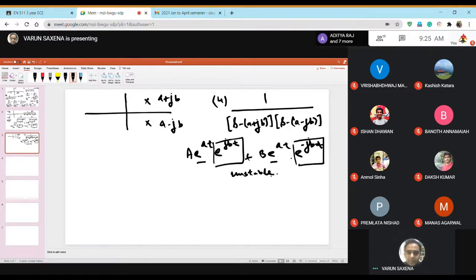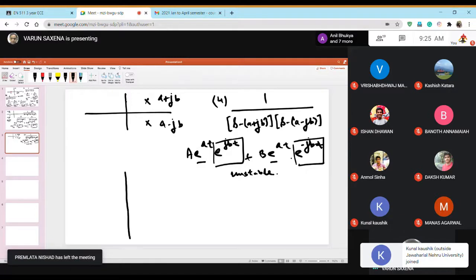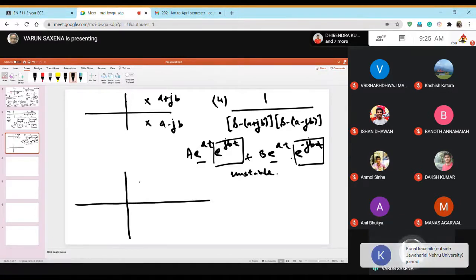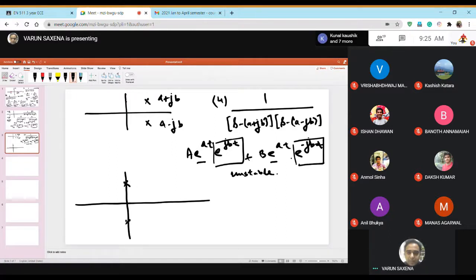Okay. Then if we look at this case where we have poles here and here, then what is going to be the scenario? The scenario is going to be you have j omega here and you have minus j omega here.